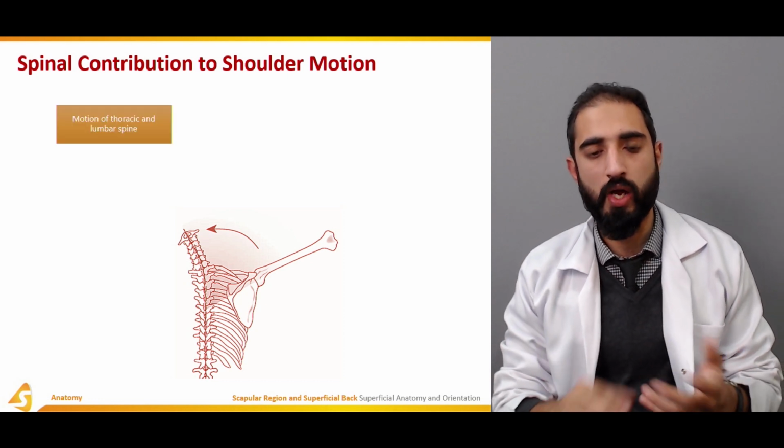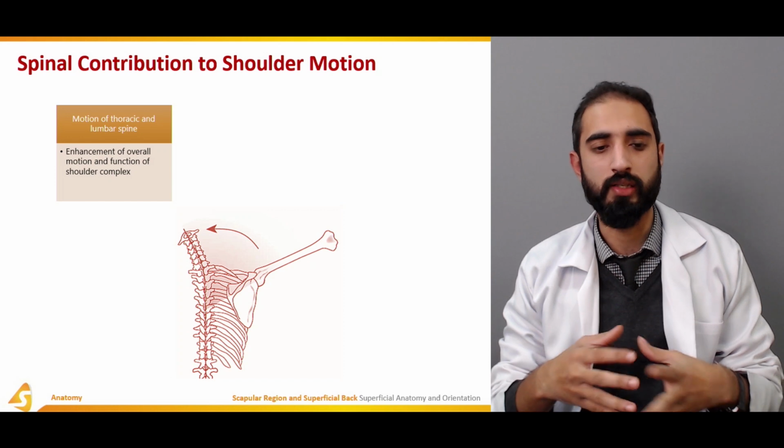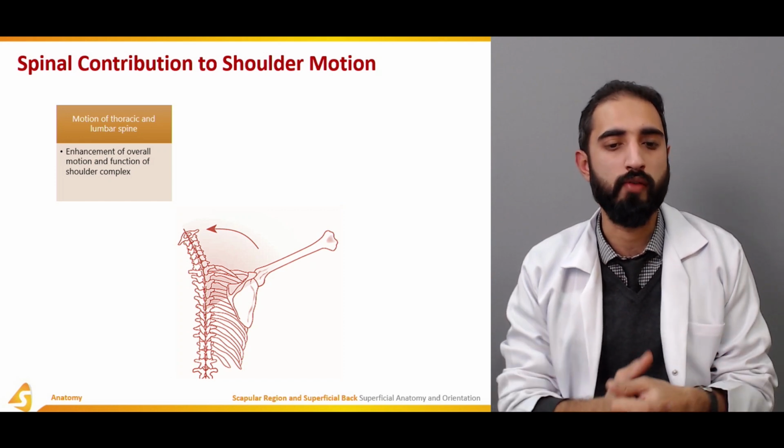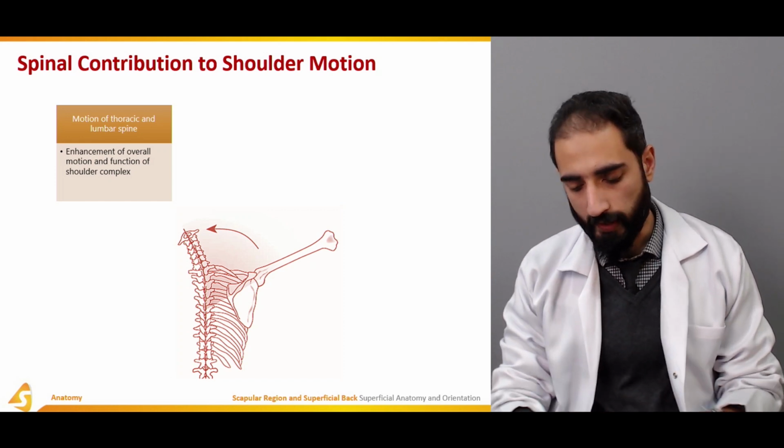So the motion of the thoracic and the lumbar spine result in the enhancement of the overall motion and function of the shoulder complex.